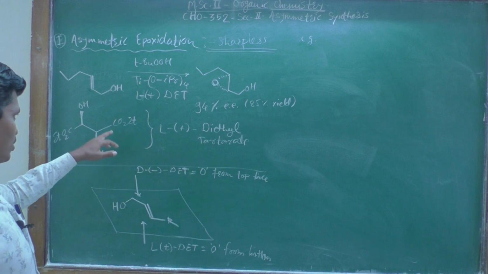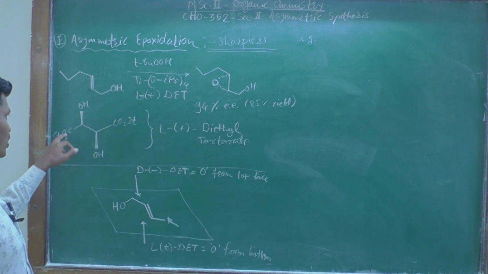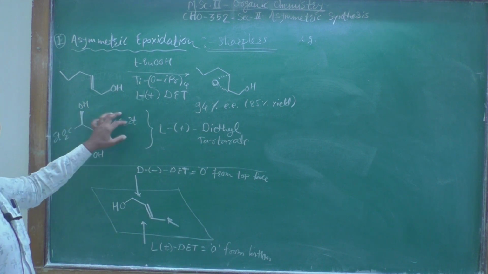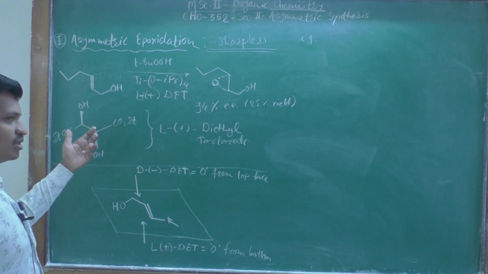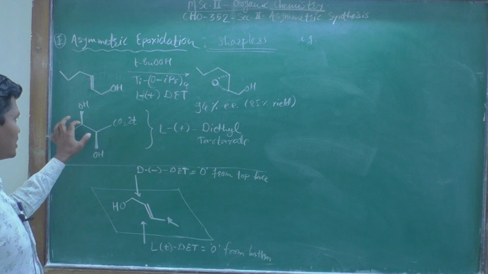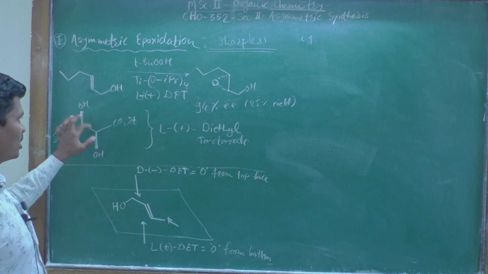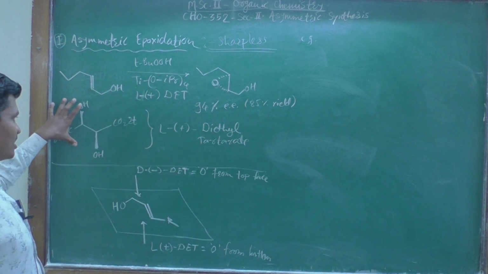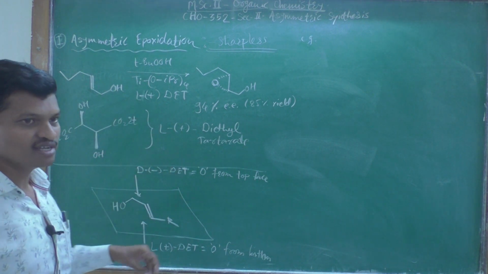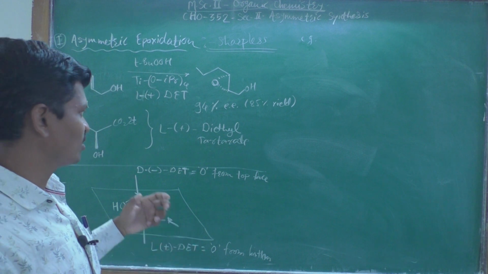It is a four-carbon species: on the terminal carbon atoms the ester groups are present, and the carbon atoms in between have the hydroxy groups. This molecule acts as a chiral catalyst.